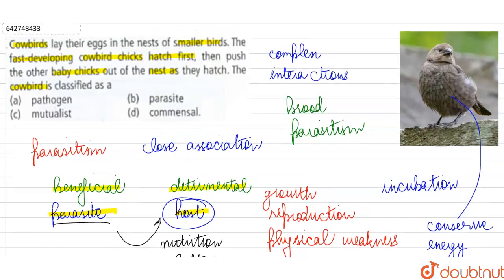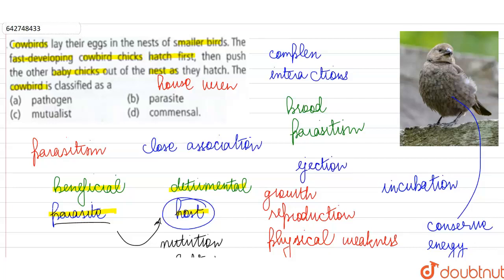Meanwhile, what is going to happen? The cowbird is relatively larger in size, and the host birds in whose nest it lays its eggs are smaller, such as the house wren. So when the chicks come out, the cowbird chicks are larger in size, so they are going to eject the real eggs of the host bird from the nest.